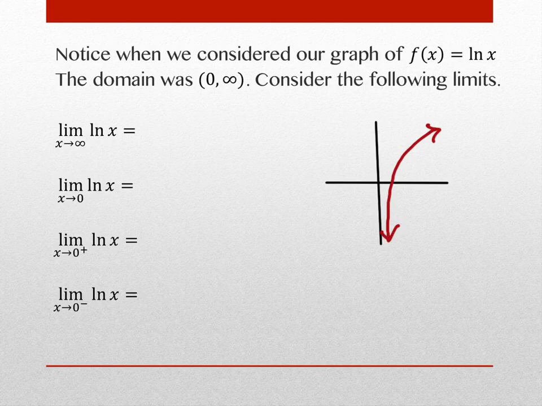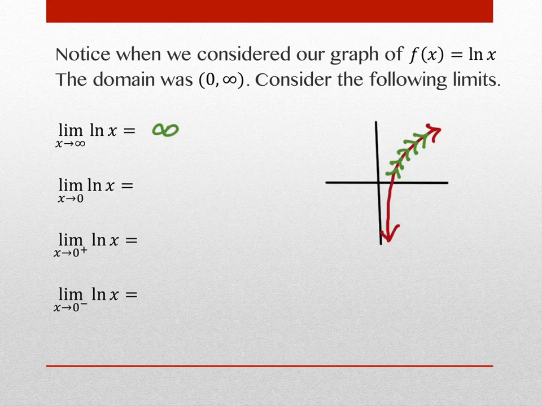So if you'll remember, the way that I always show these is I show us drawing arrows. So if x is going to the right forever, I'm going sort of up along where these green arrows are. What y value am I approaching? Infinity. Yeah, in fact, that's one of the properties we'd listed earlier, right? That's not actually anything new. So this one's infinity. I'm going to keep it with the colors matching.